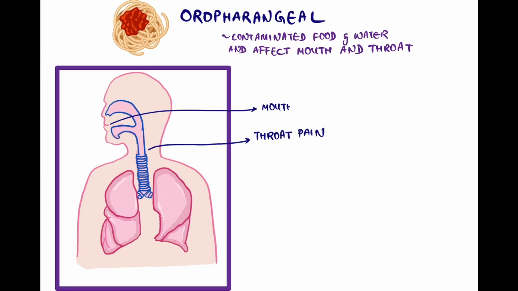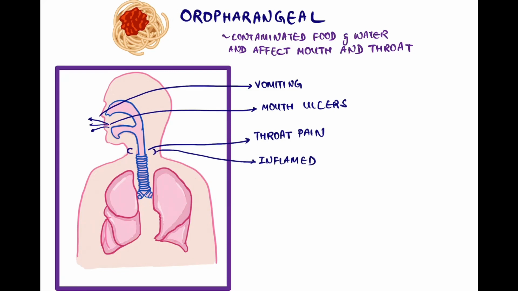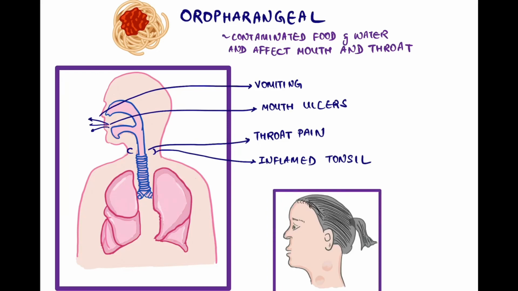In the mouth you can get ulcers. You may also get vomiting, and another problem is an inflamed tonsil, so it causes tonsillitis. And there is also cervical lymph node swelling. It will cause painless ulcers in the lymph node also.